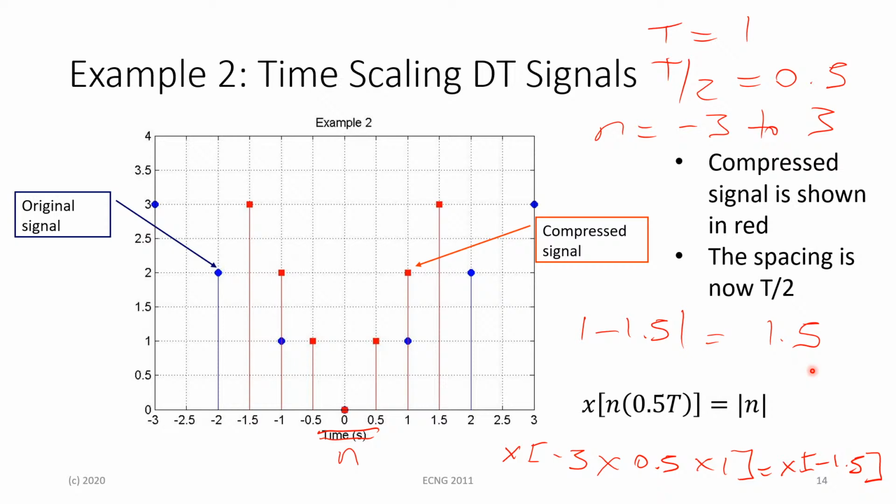Which brings us to the point in time scaling discretized time signals. It's not always going to be a compression in the x-axis. It's also going to affect the y-axis value accordingly as well.